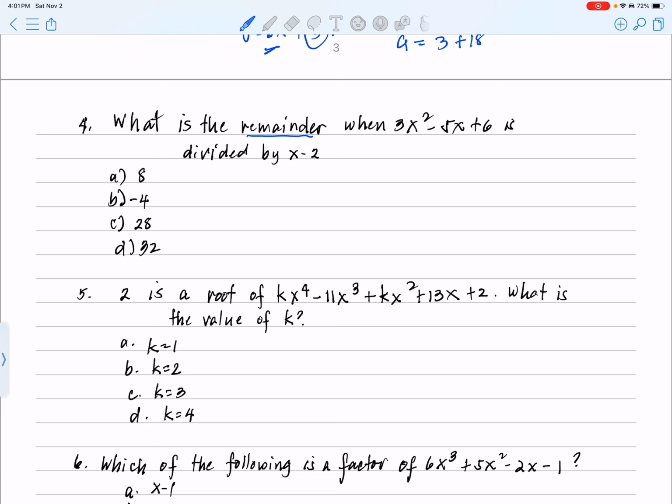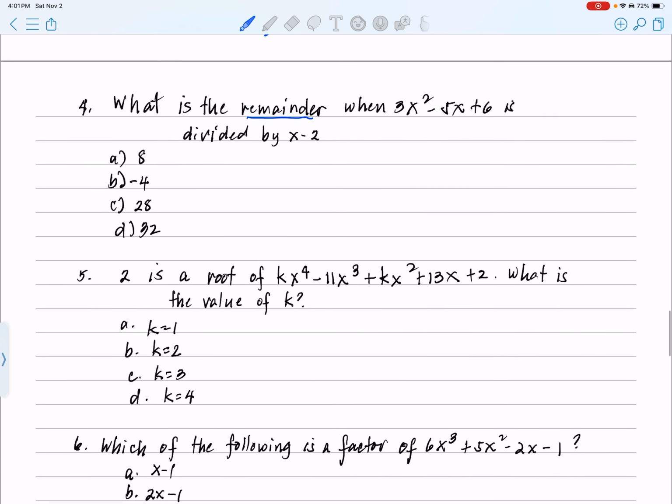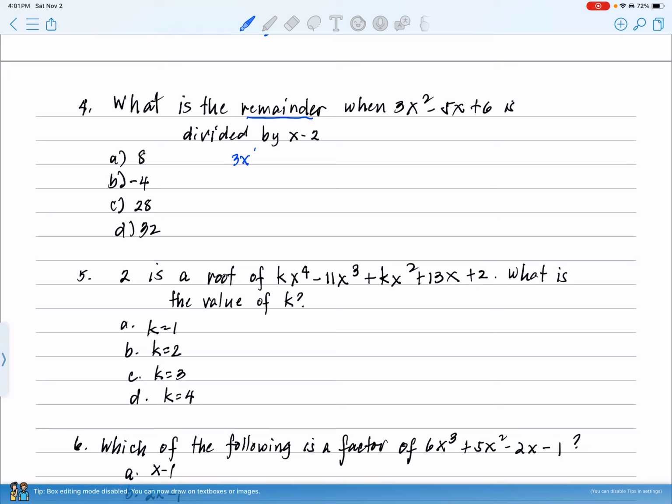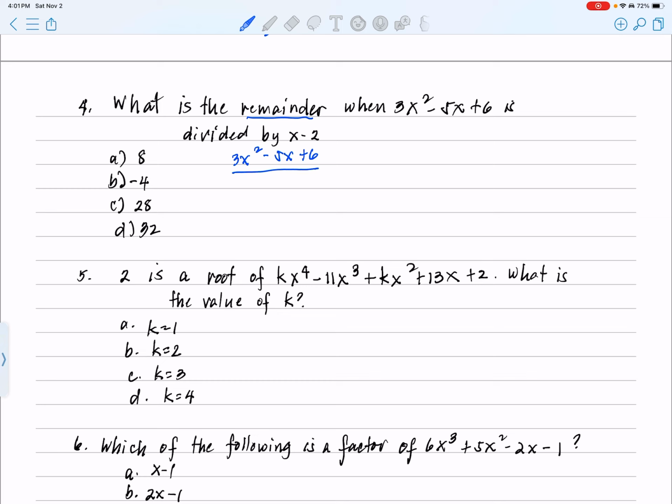So here, 3x squared minus 5x plus 6 divided by x minus 2. From the remainder theorem, we equate x minus 2 to 0, so x would be 2.